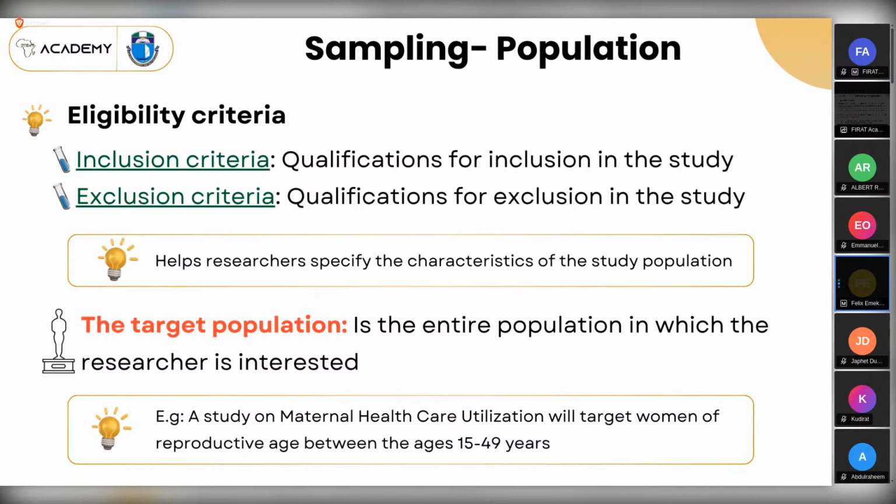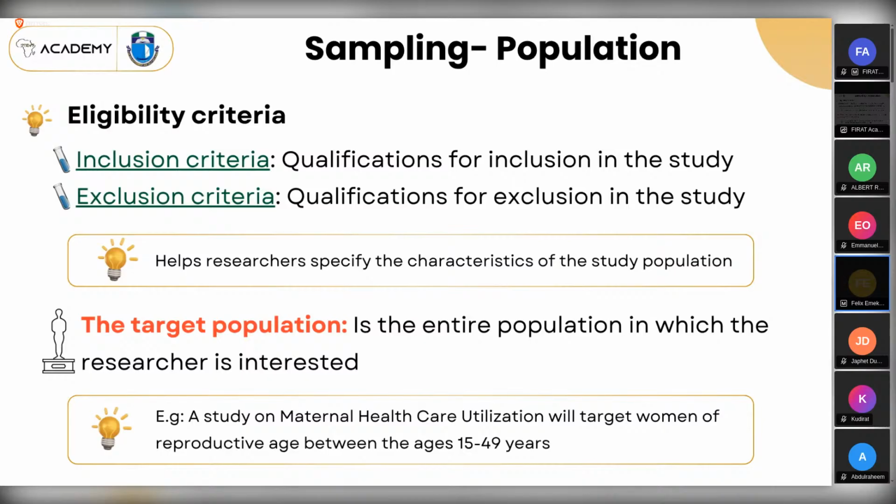It's not everybody in the population that is eligible to be part of your study. Like the study on noise-induced hearing loss that I did among musicians. If you are not a musician, you are not eligible. So I already have my inclusion criteria, which is those that play a musical instrument for at least a year. If you don't play a musical instrument, you're not part of it.